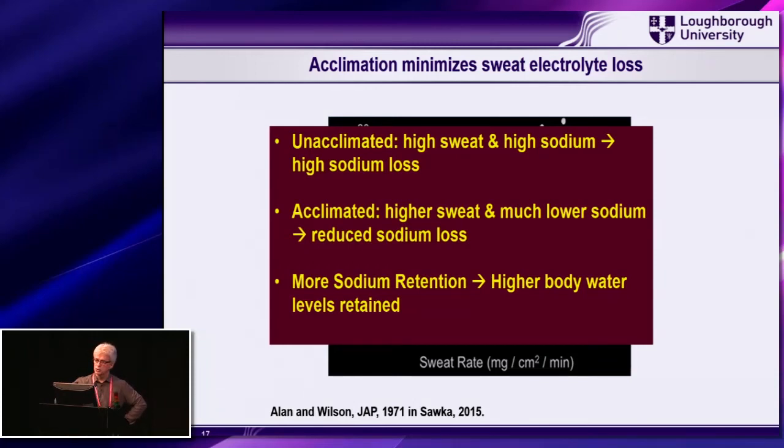With acclimation, you push up your sweat rates, but you lower sodium usually more than you increase sweat rate. So overall, you have a reduced sodium loss. And this sodium retention may be one of the reasons that allows you to have a higher body water level, that I'll come back to later, and retain your plasma volume.